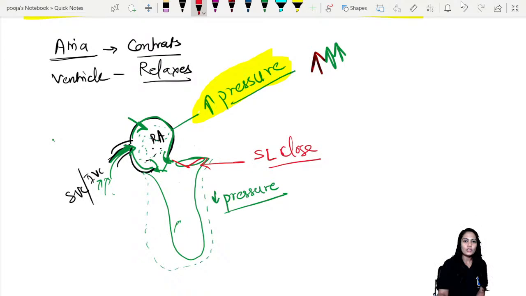As soon as the pressure inside this ventricle starts to decrease, the semilunar valve will close, and at that time this AV valve will open once the pressure falls. You can say both the valves are closed right now.